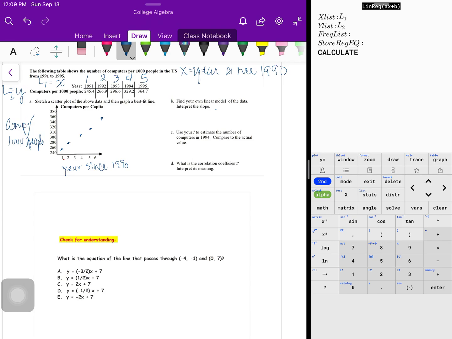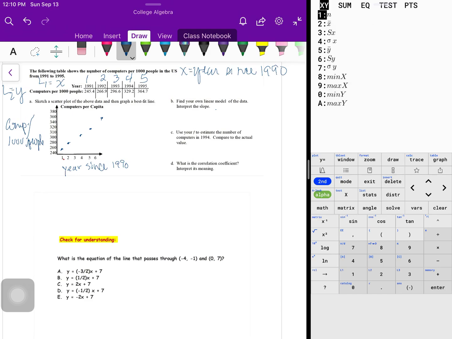And if we wanted, right here, it says store reg EQ. You could tell it where to store the equation. So if I press my vars key here, and it's a statistics function, enter.